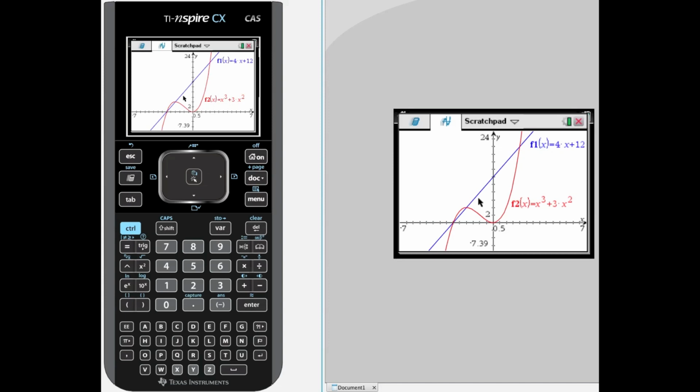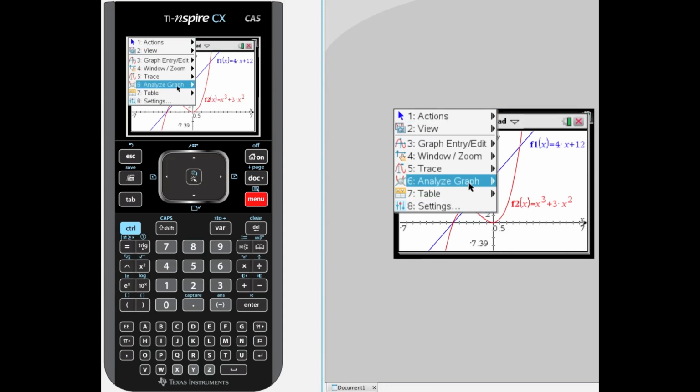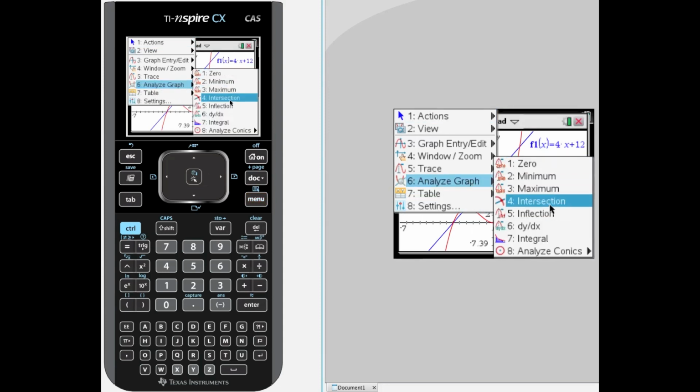Now we're going to find the area below the linear function and between the intersection points of -2 and +2, and then we're going to do the same thing with the cubic function and subtract them. So we're going to need to first find the intersection points, assuming we don't already have those. So we're going to go to Menu, Analyze Graph, find the intersection.